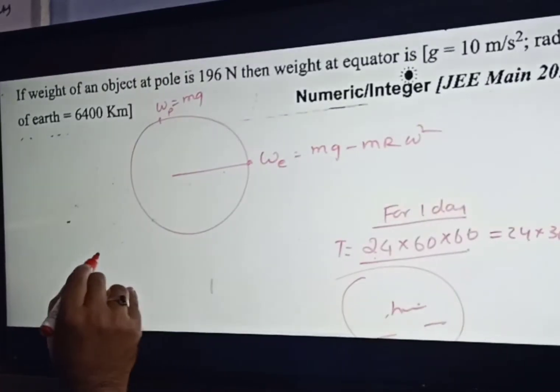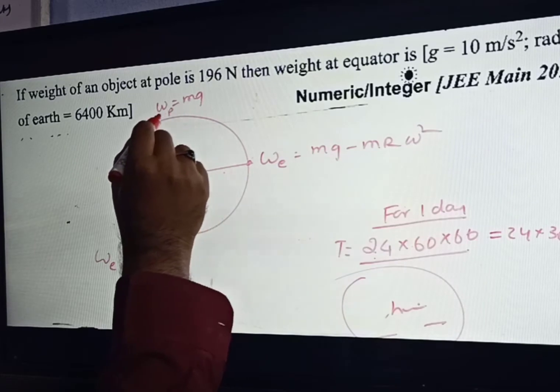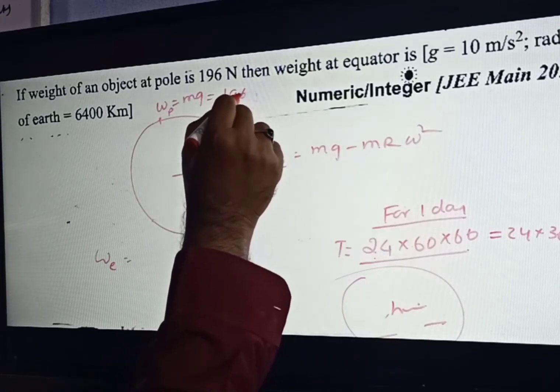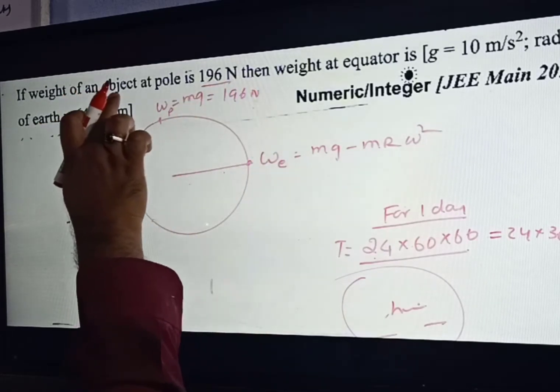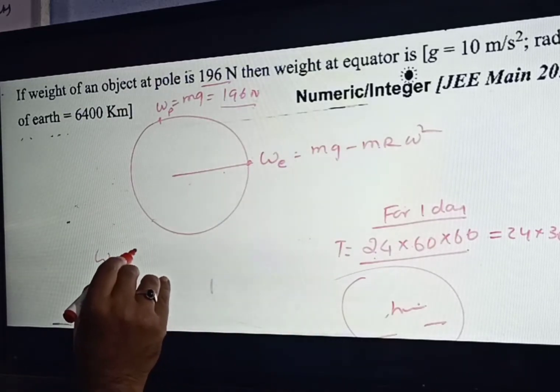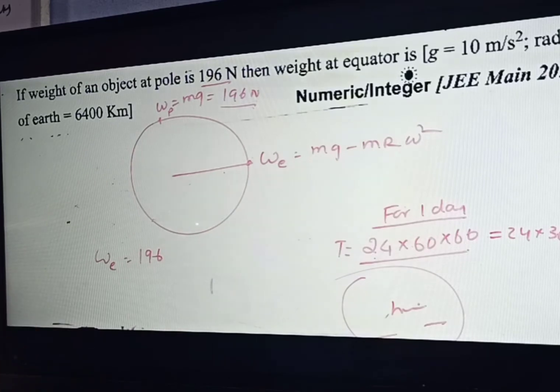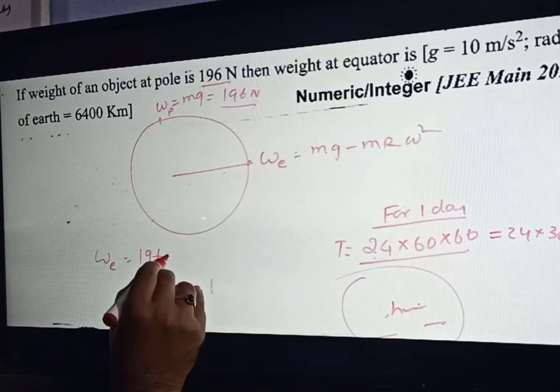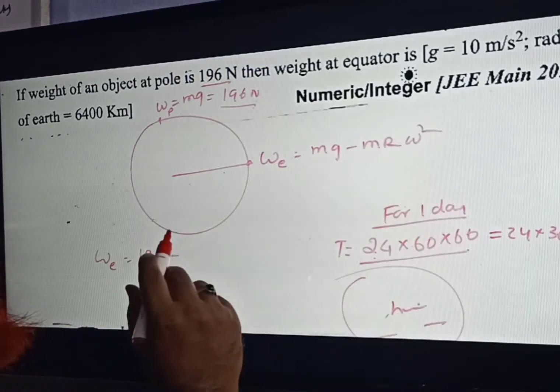So what are you going to do here? At the poles, weight is given as 196 newtons. Therefore, at the equator, how much does it become? 196 minus something.